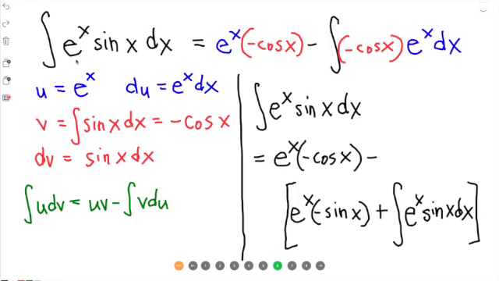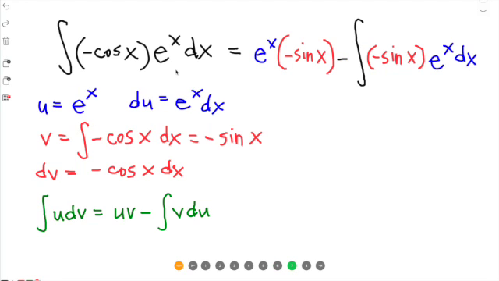It's still an exponential function and a trigonometric function. So we do integration by parts a second time and we arrive at this answer. Let's just check. That's e to the x times negative sine x minus the integral of negative sine x e to the x dx.